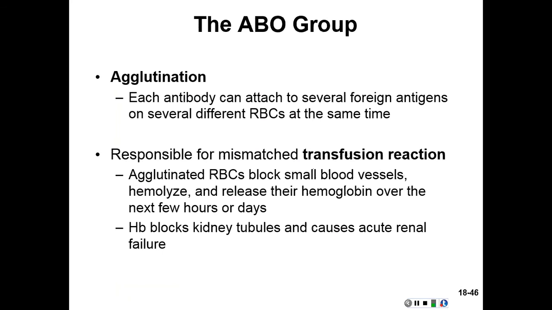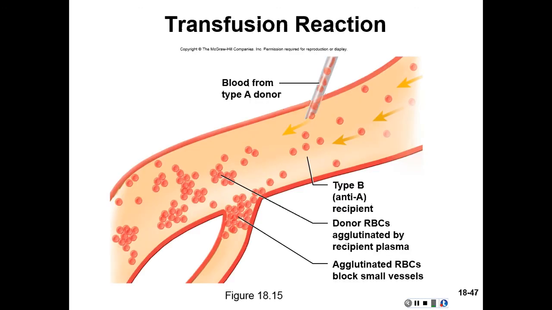Each of the antibodies can attach to several foreign antigens, so this causes a transfusion reaction. The hemoglobin blocks the kidney tubules and causes acute renal failure. Agglutinated red blood cells block the smaller vessels, and hemolysis releases the hemoglobin over a couple of hours or days.